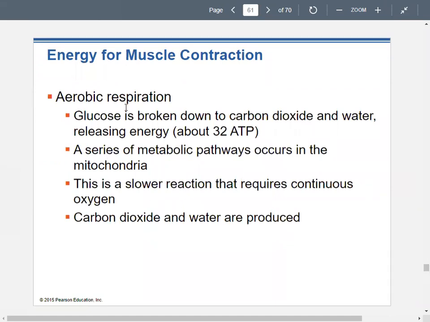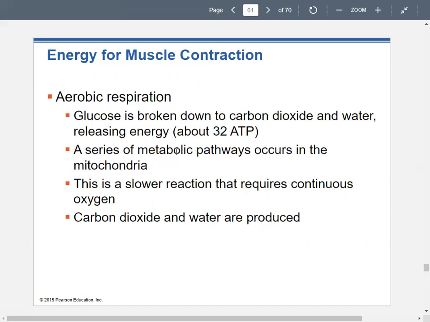Aerobic respiration, your glucose gets broken down into carbon dioxide and water. And you get 32 molecules of ATP, right? So per molecule of glucose, you get a whole lot more ATP from aerobic respiration than creatine phosphate, right? So you get a whole series of what we call metabolic pathways in your mitochondria.